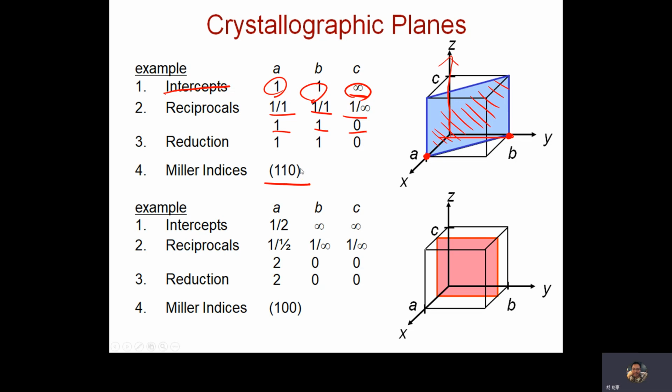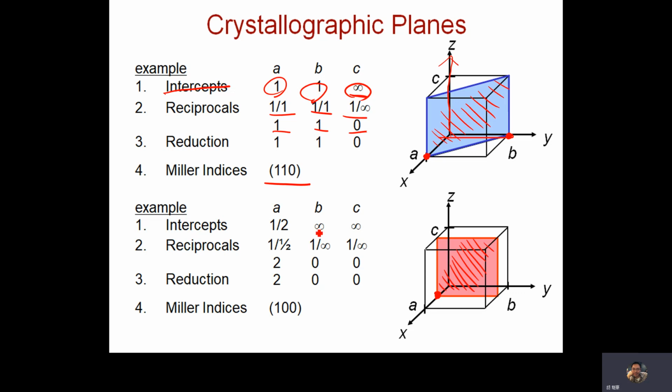The other example is the pink crystallographic plane. How to define it? We have to find out its intercepts, right? It intercepts x at one-half. Is there any intercept on the y or z axis? No, right? Cannot find. So this plane is parallel to the y and z axes.